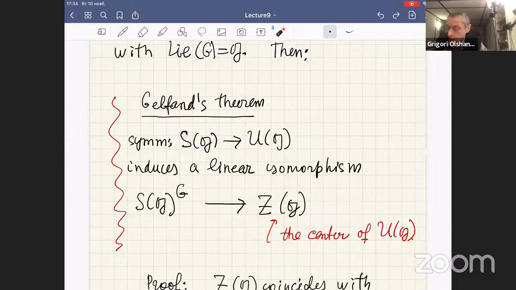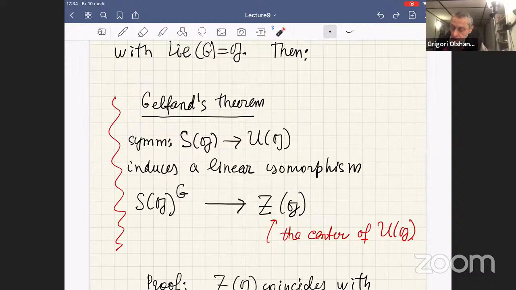It says that the symmetrization map between our symmetric algebra and the universal enveloping algebra induces a linear isomorphism of the subalgebra of invariants with respect to the action of our Lie group.